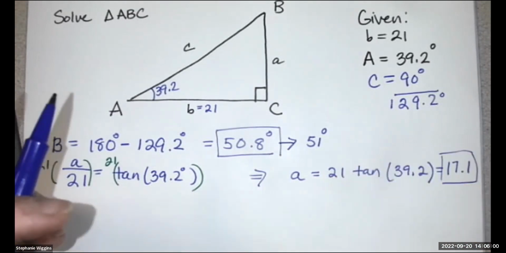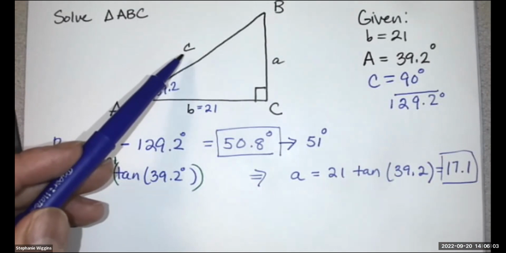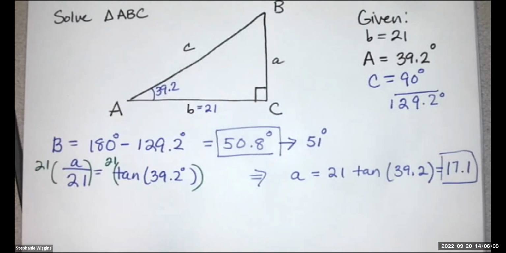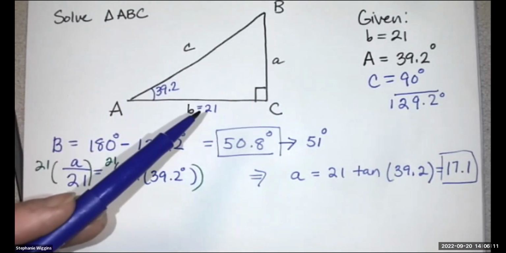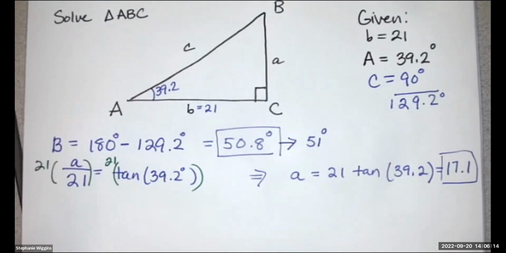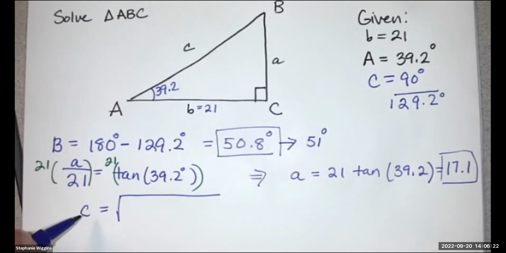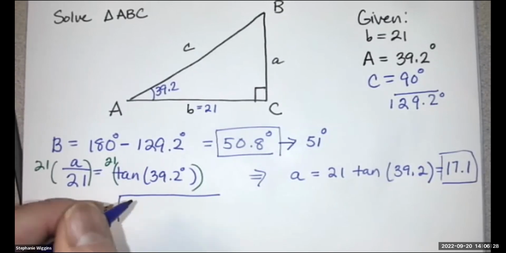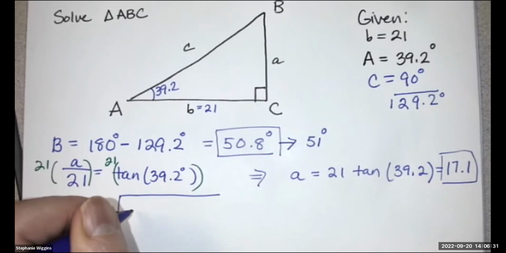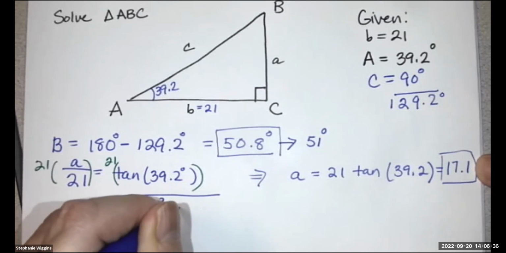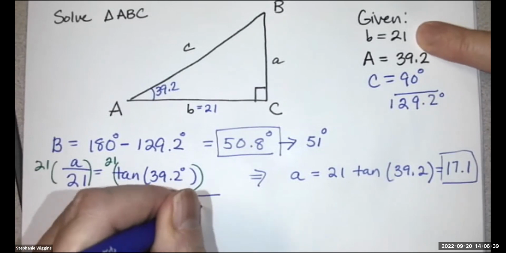Now, finally, we need to find the hypotenuse. We can use the Pythagorean theorem since we know a and b, or we can use the fact that the adjacent over the hypotenuse is cosine. Either one works. I'll go ahead and use the Pythagorean theorem. So c squared equals a squared plus b squared, and then you take the square root of both sides. So c is the square root of a squared, which we found to be 17.1, plus b squared, which was given to us as 21.